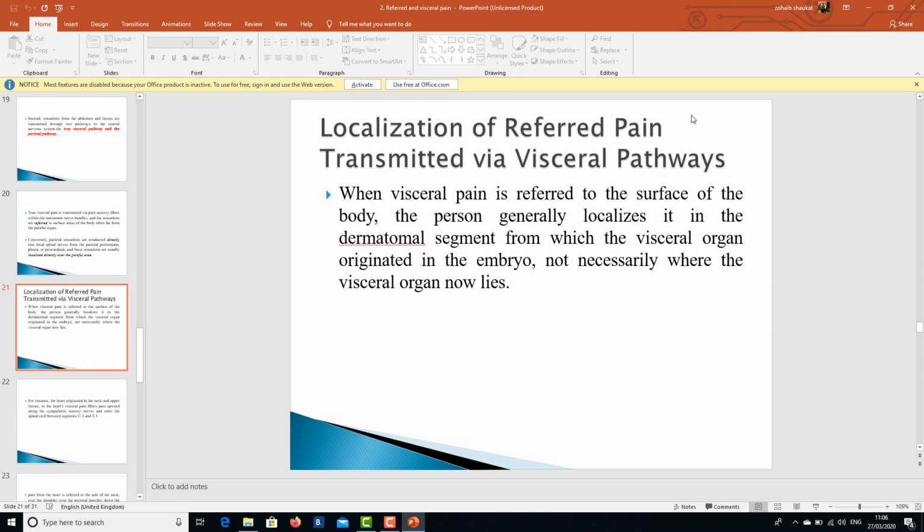So, at the time of origin, let's talk about the left arm, left shoulder, the skin has the same dermatomal origin as that of the heart. When the person grows up, the organs go away from one another, but their dermatomal origin was the same. So that's why they feel the pain at the same time.